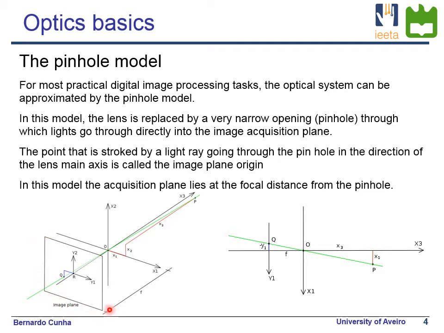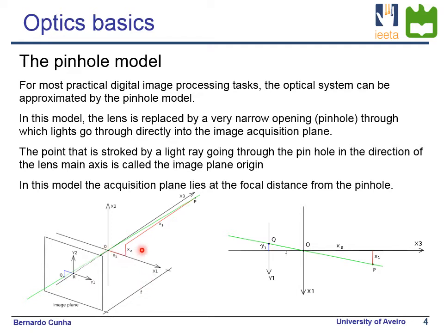In this model, we assume that our sensor is exactly at the focal distance from the lens. So there is no difference between the distance of the focus and the distance of the sensor regarding the point of entrance of light, let's say.